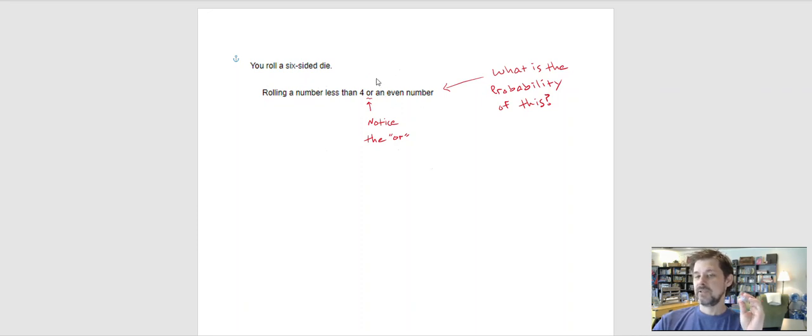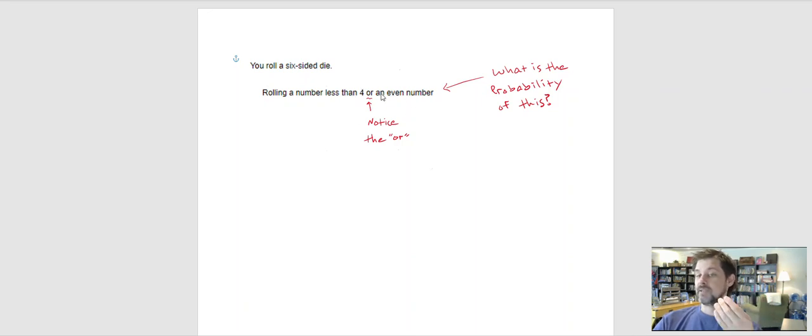But how would you conceive of or calculate the probability of rolling the die and having the event turn up that you get a number less than 4 or you get an even number? Okay, so that's more complicated than just figuring out the odds of rolling a number less than 4 by itself, or the odds of an even number by itself.